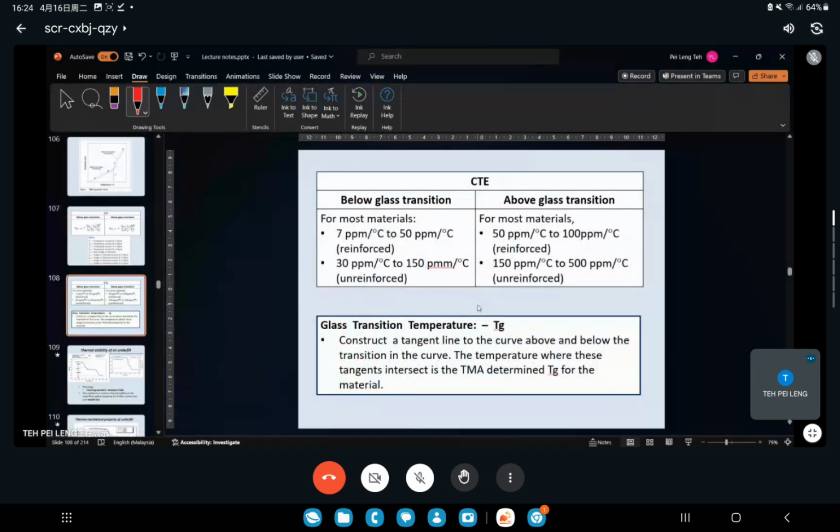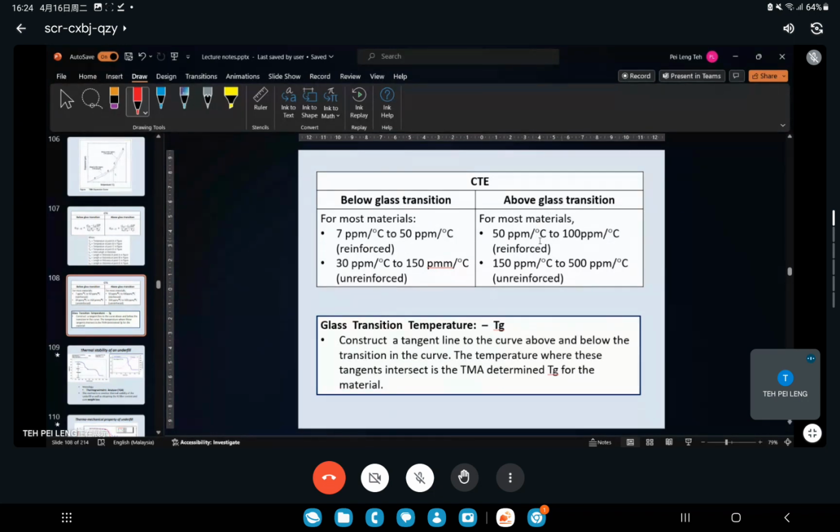Okay, so you see the differences for most materials. Before TG or below TG must be lower. If you have filler, normally it is even lower, provided the filler that you use has lower CTE than your epoxy, than your underfill matrix.